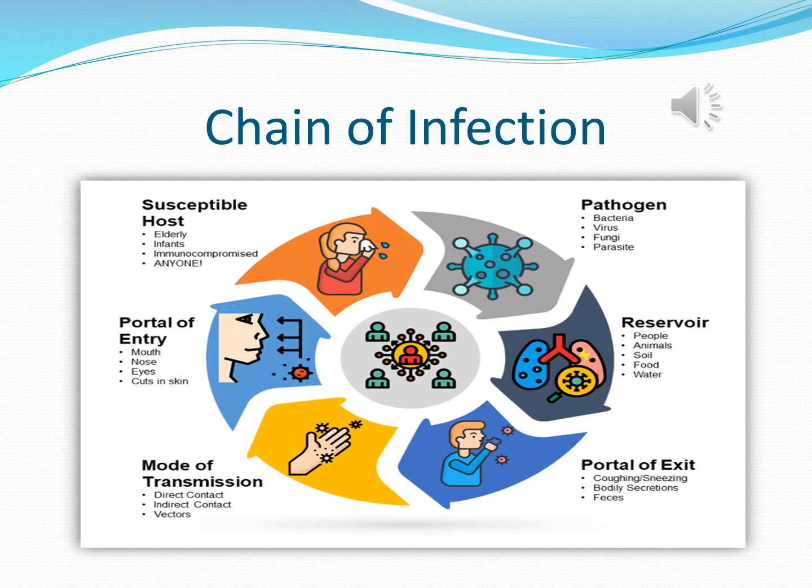The mode of transmission is either by direct contact, indirect contact, or vectors. This is for diseases such as Lyme disease, where a tick is used as a vector. The portal of entry is the mouth, the nose, the eyes, or any cuts in the skin. And susceptible hosts are the elderly, the infants, and immunocompromised, but anybody is a susceptible host.